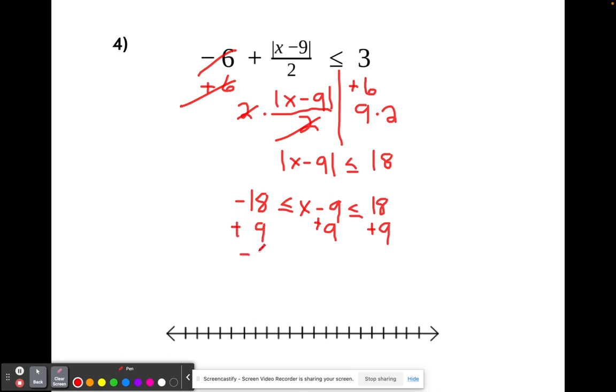So I have -9 is less than or equal to x. That's less than or equal to 18 plus 9, which is 27.